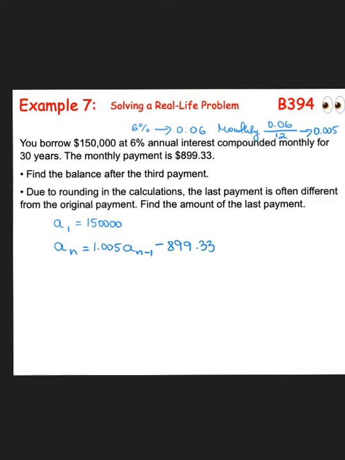And again, we are going to start on the graphing calculator by first typing in 150,000 and enter.